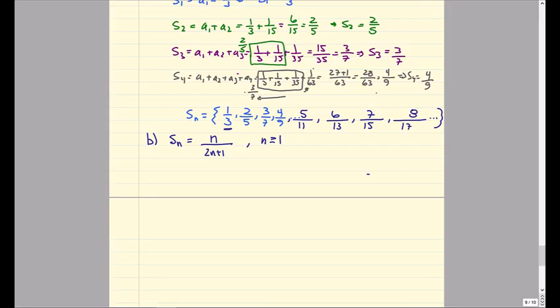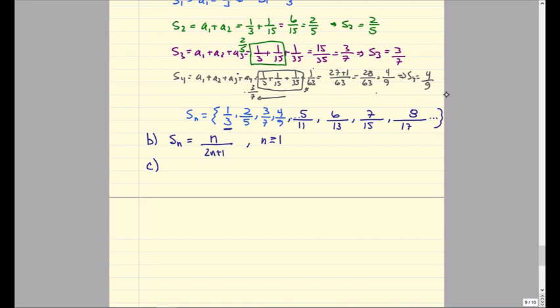Now, I'm trying to figure out what's going on here for part C. They want me to make some sort of a conjecture about the value of the series, meaning if I were to continue to add these up, what would these be going toward? So 8 over 17, that would be going to 9 over 19, and then it would go to 10 over 21.